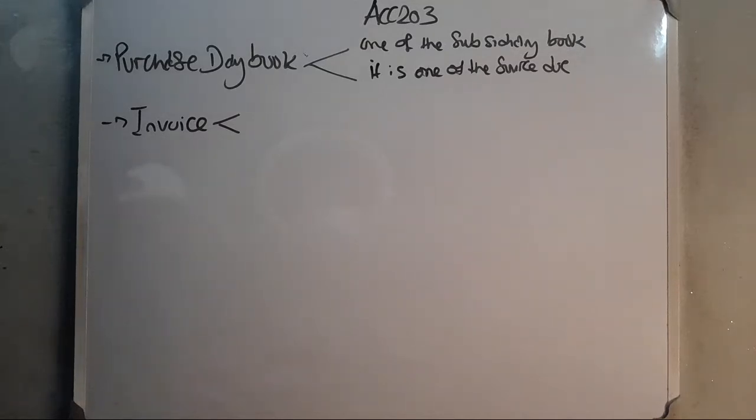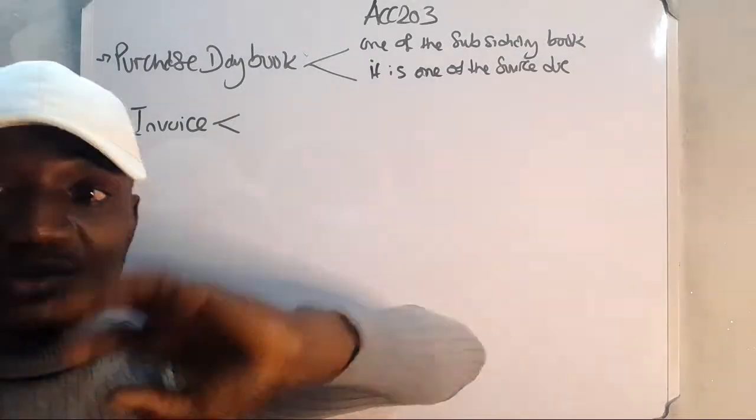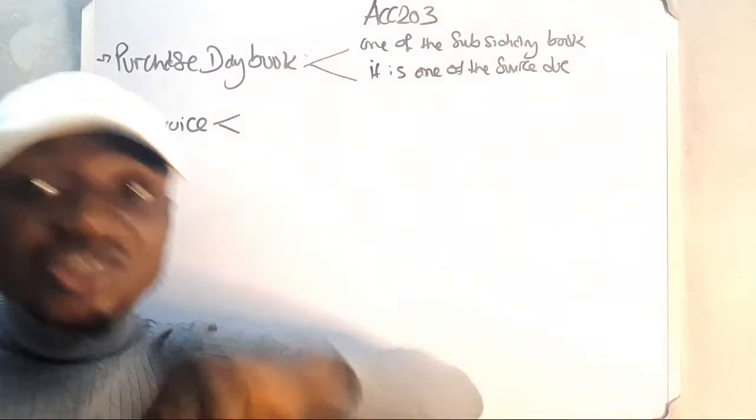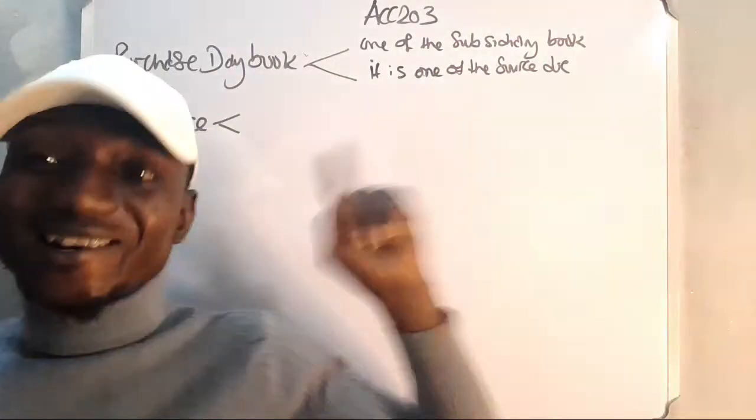So I was saying, remember what I said about invoice, that it has been confused with receipt. I said in one of our classes that invoice is used to record the sale of goods on credit.